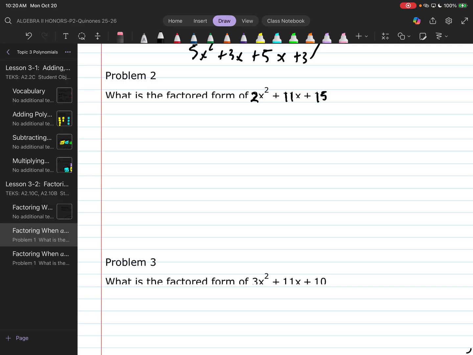Hold on. Yep, that's right. I don't know what that is. It's almost looking like a perfect square. The arithmetic.